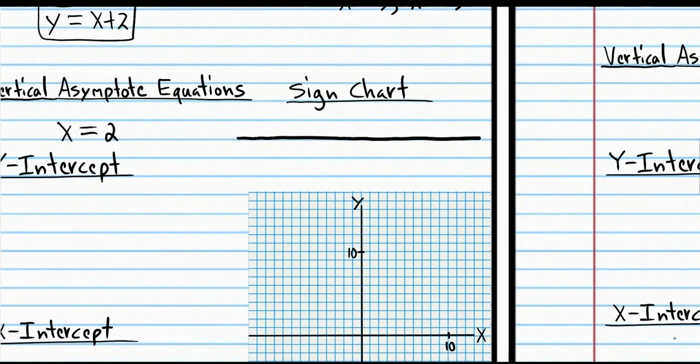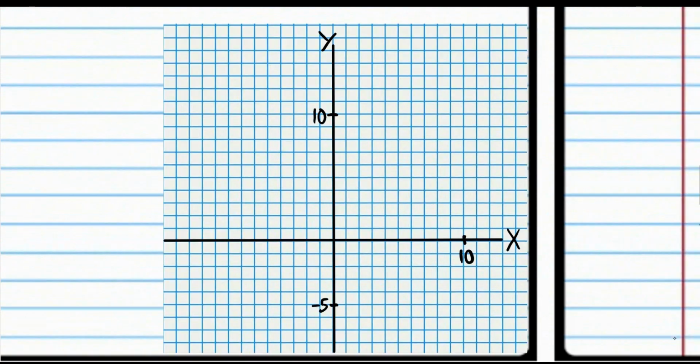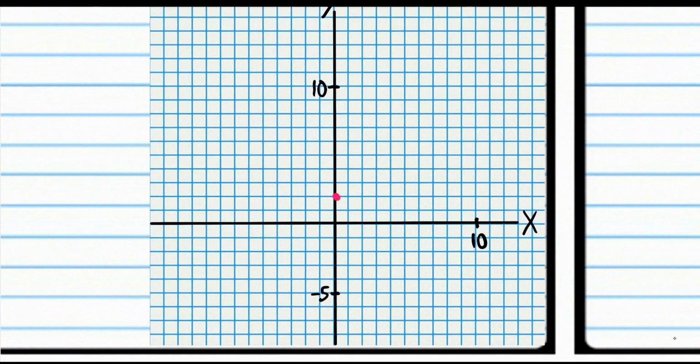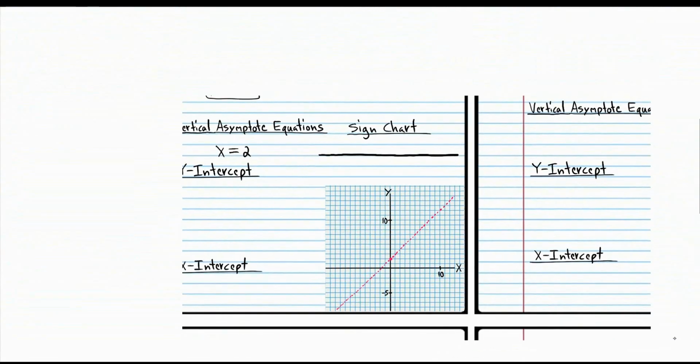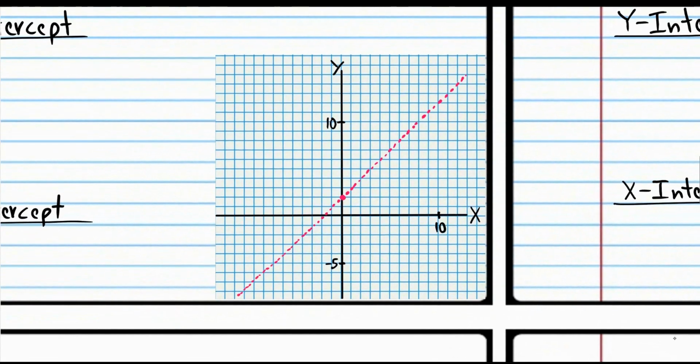So let's go ahead and graph that. The y-intercept is 2 and the slope is 1. And we have an asymptote at x equals 2.